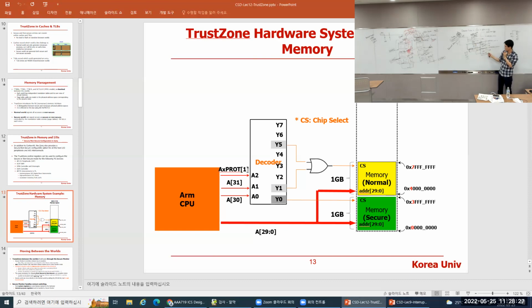You can say, okay, that memory should be accessed only when the CPU is in secure state, secure world. That second memory should be accessed in either normal world or secure state, you are still able to access that memory. So how to make the connections? So that is how the block diagram.